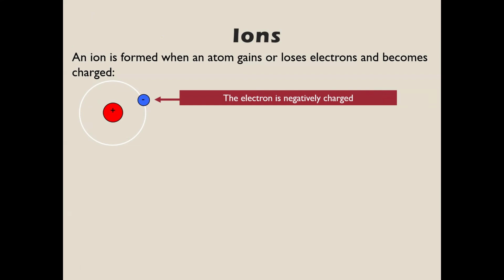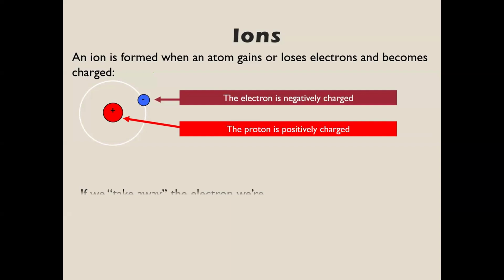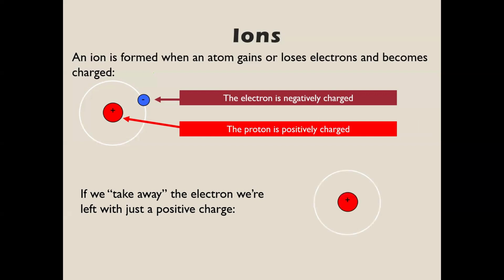The loss or gain of electrons will decide which type of ion it is. If an electron is lost, a negative charge is lost, and as a result the positive charge of the nucleus will be more than the negative charge of the electrons around the nucleus, so it will turn into a positive ion.